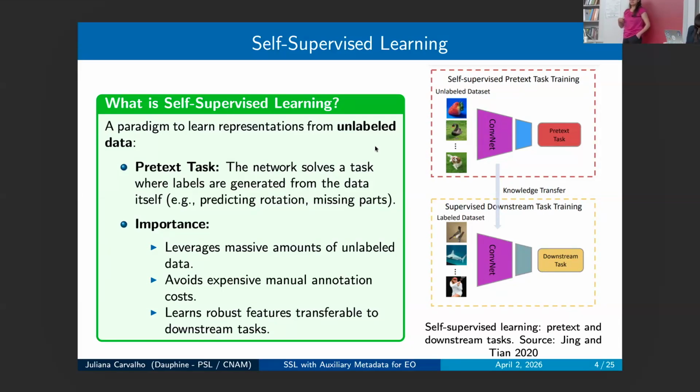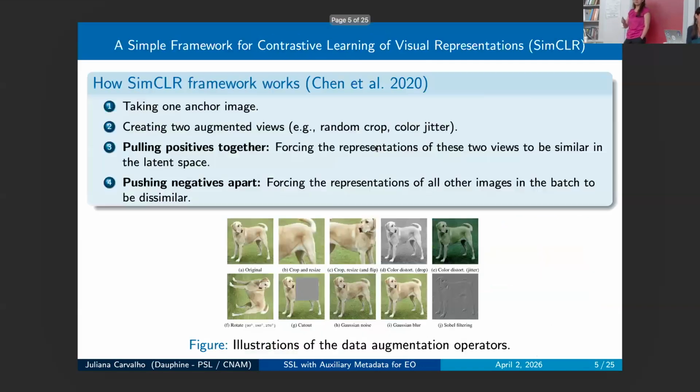Based on this knowledge, you can transfer it to a downstream task that usually involves labels, such as segmentation or classification. It has already demonstrated that it can learn robust features that transfer well to those downstream tasks.